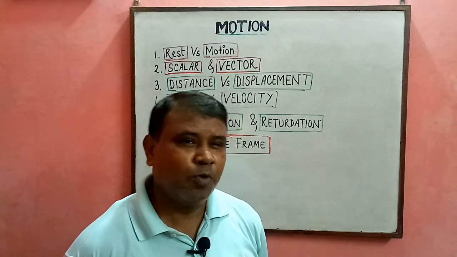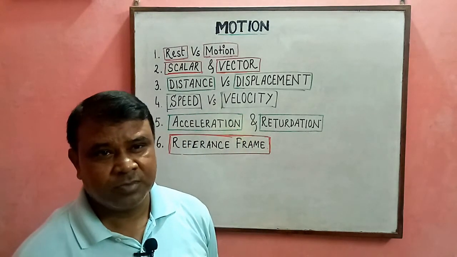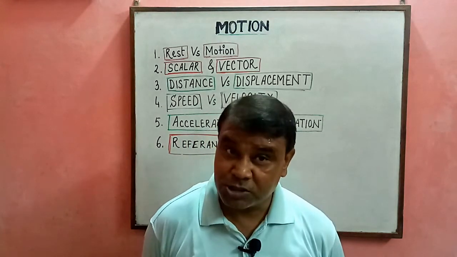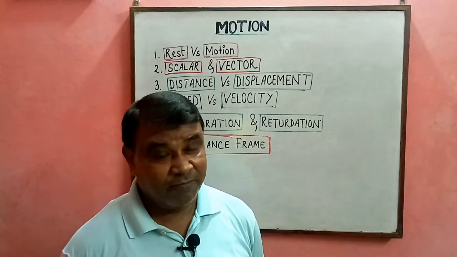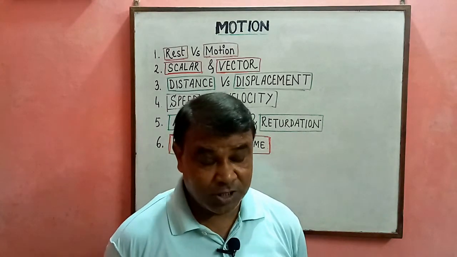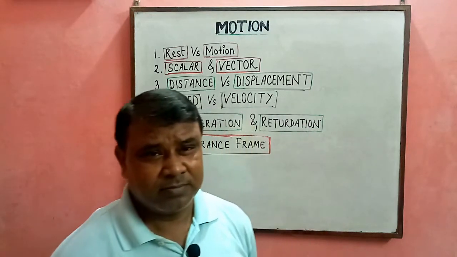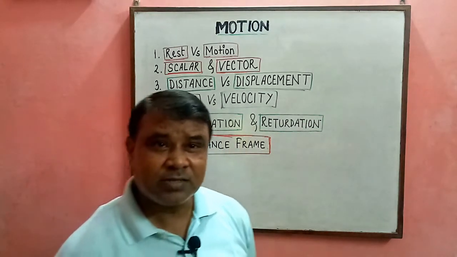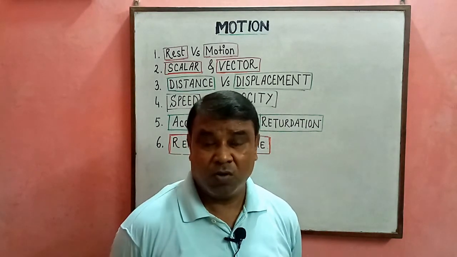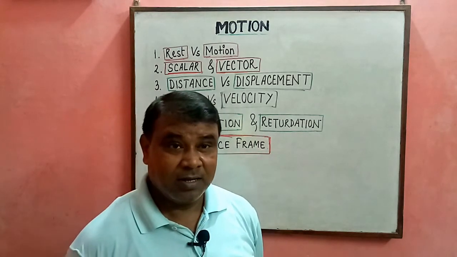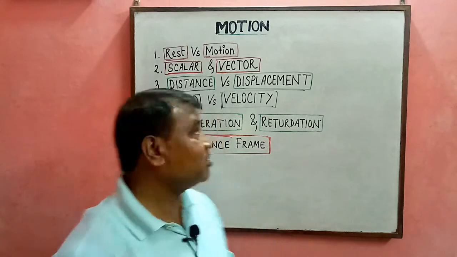Since they do not move, they are at rest. They are not changing their position, their shape, their size, their direction. So anything that is not changing its position or direction or shape or size, they all are at rest.